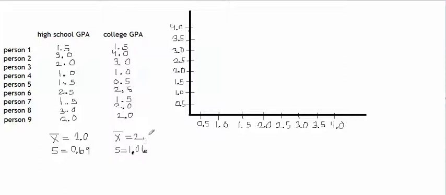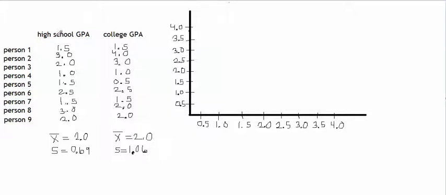Now let's plot these numbers on the scatter plot. The reason that we're collecting the data is because we want to see if we can use people's high school GPAs to predict what their college GPAs will end up being.